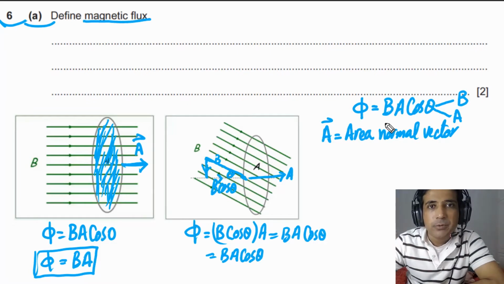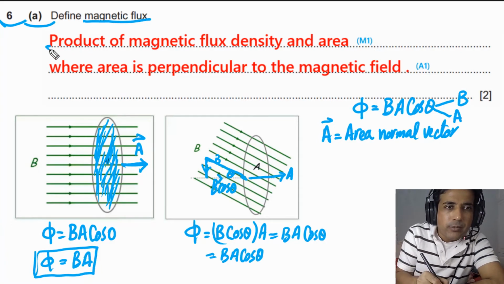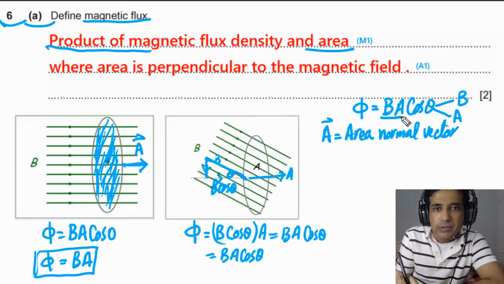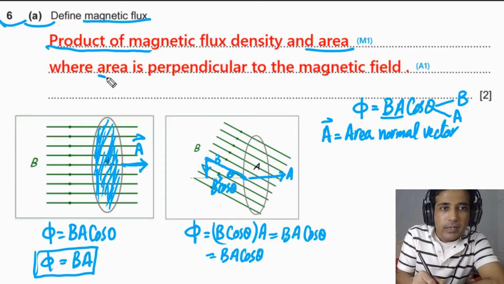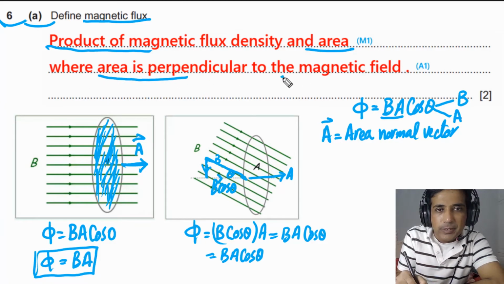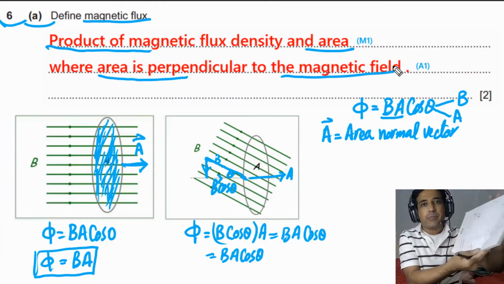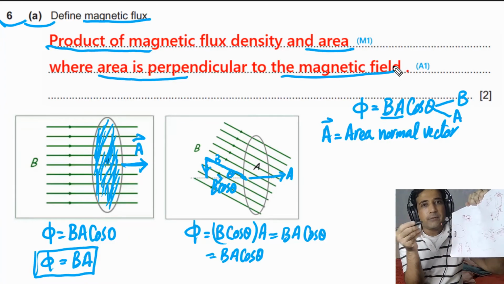So let me explain how you can write down the answer. First point, you can say the product of magnetic flux density and area, simply BA. Then you have to explain that the area is perpendicular to the magnetic field. Imagine that this is the plane, so this is the area and the magnetic field is this way.